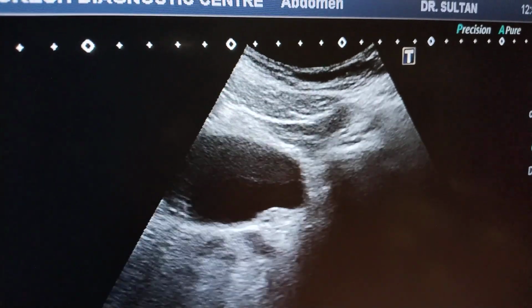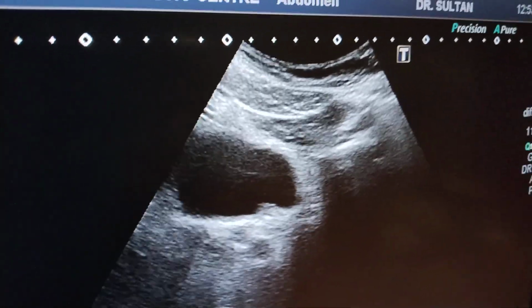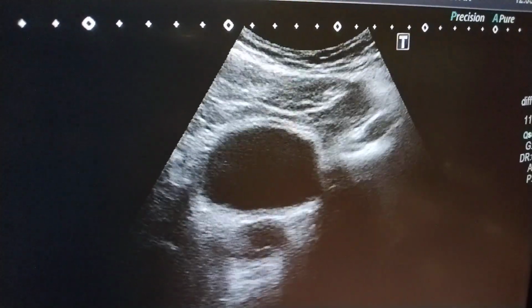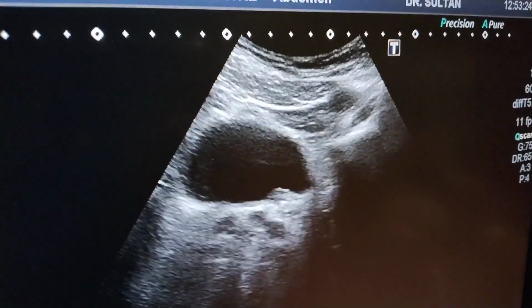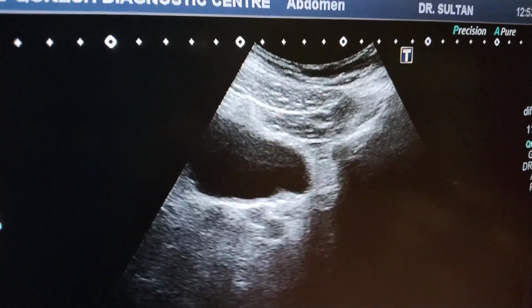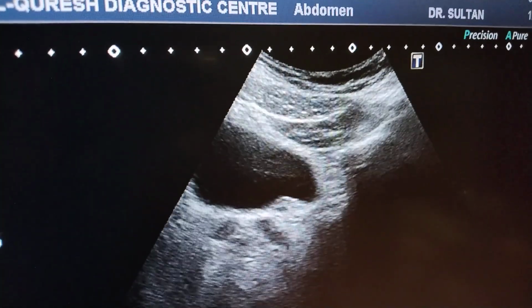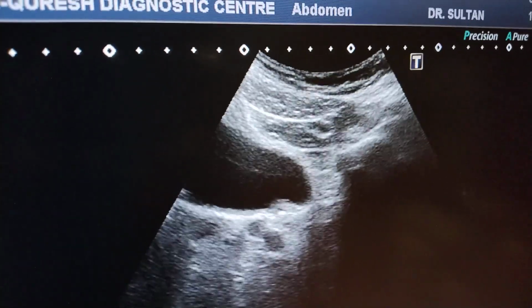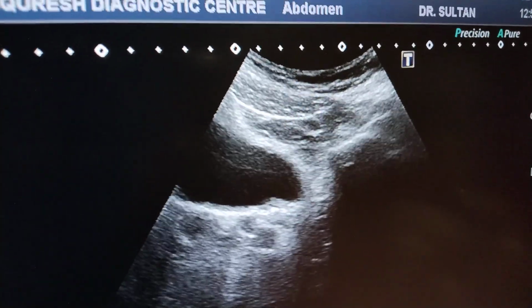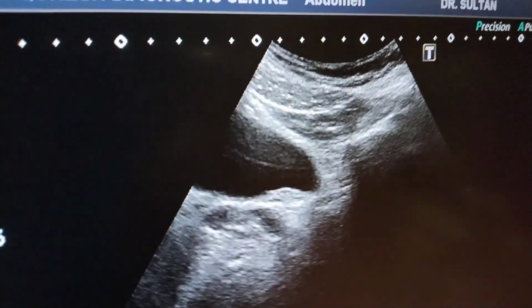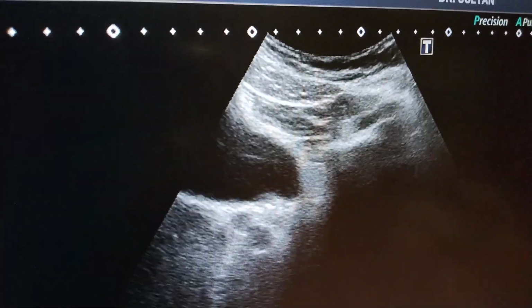So it should be filled optimally, significant filling, not over distended. Then you can easily find the stone. I cannot point with the arrow because I am using both hands, and this is the stone.